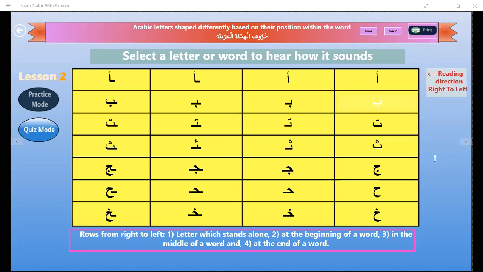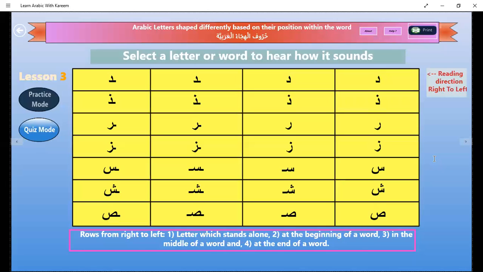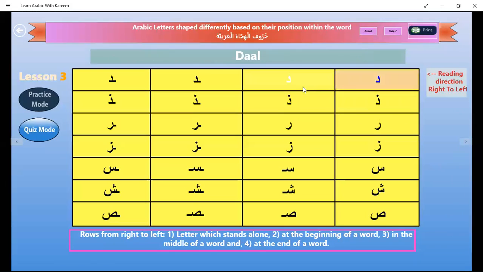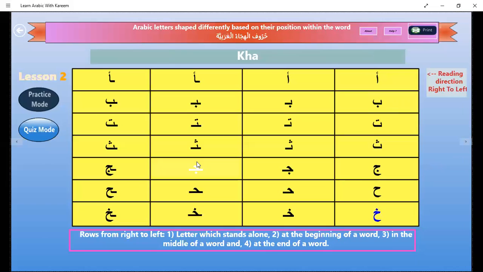Now let's see. This starts from Alif, Ba, Ta, Tha, Jim, Ha, and Kha. Then next we have Dal. Look at the way they appear. Now that reminds me, there are some letters that, in the middle, when another letter is joining them from the right, they join together, but they don't allow any other letter to join them from the left.